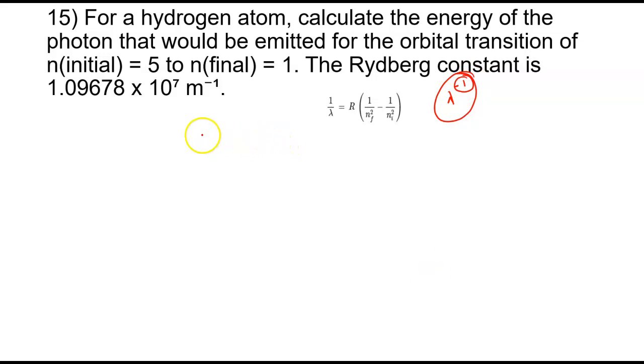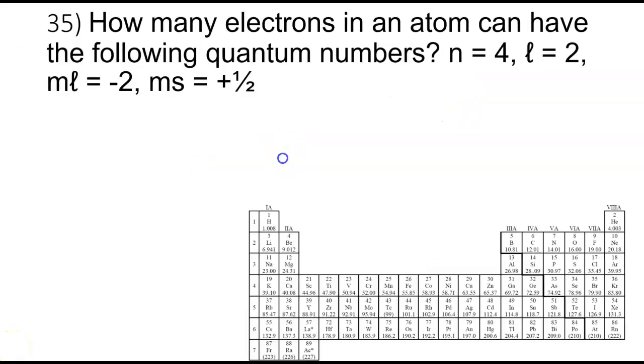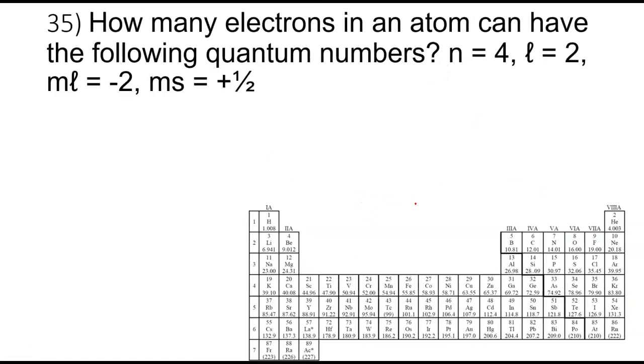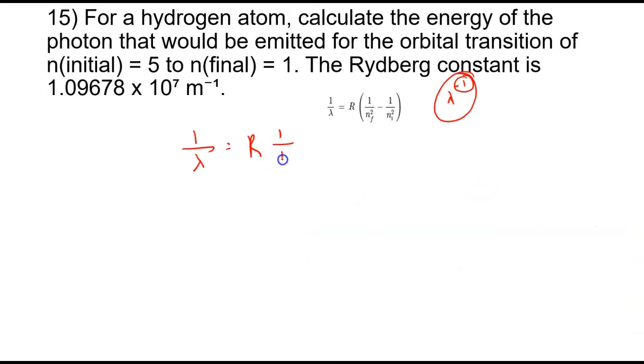So you have 1 over lambda equals r. And so our final is 1 and our initial is 5: 1 over 1 squared minus 1 over 5 squared.